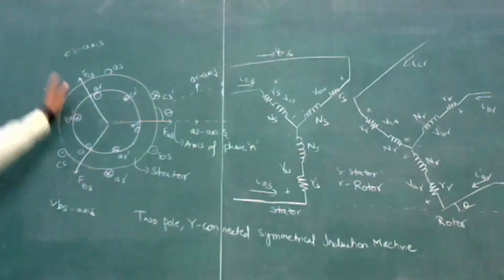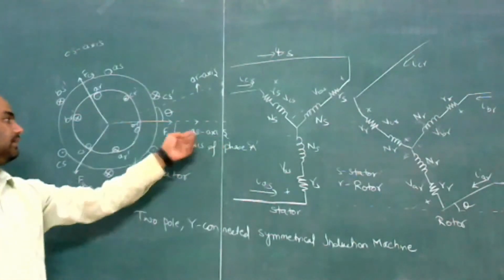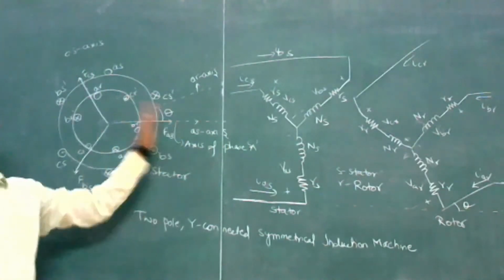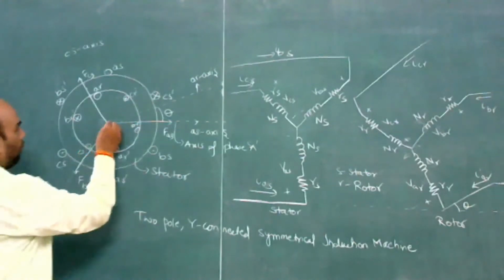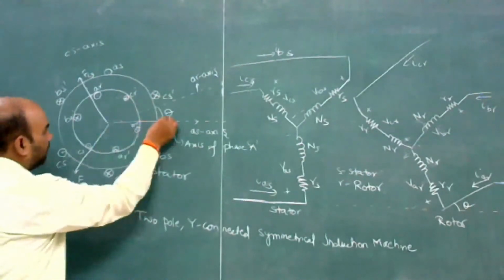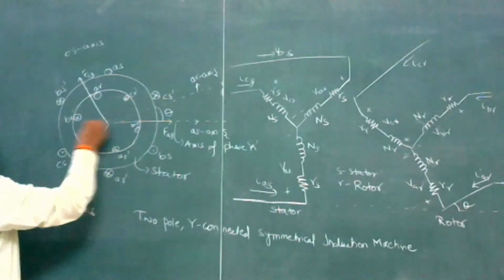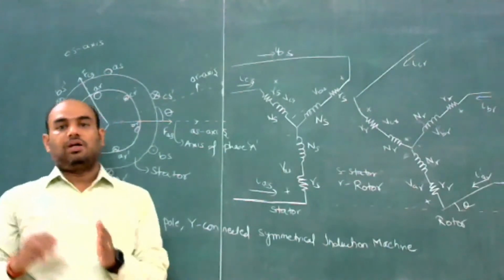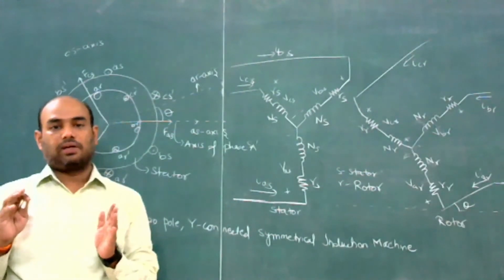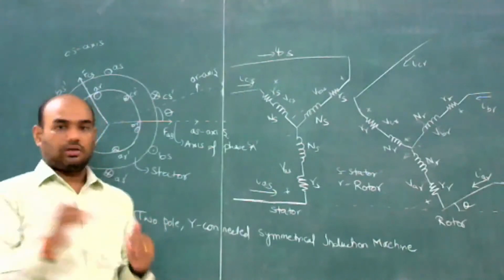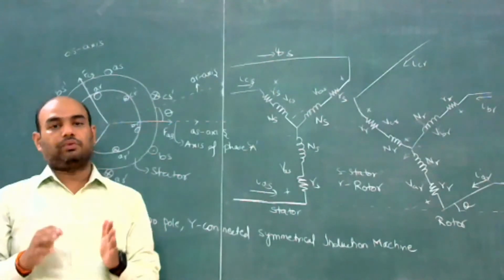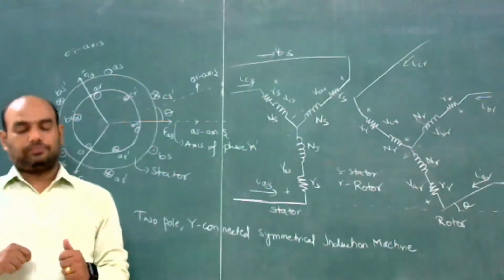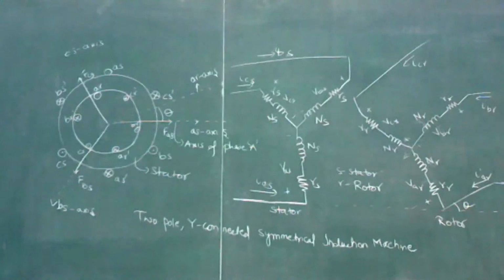These are the MMFs along the AS axis, BS axis, and CS axis. This will oscillate along this axis from minimum to maximum, then to 0, then to maximum in the negative direction, and then 0. So the MMF of the stator winding is in the same phase as the magnetic axis of the stator winding. Now we shall write the voltage equations.